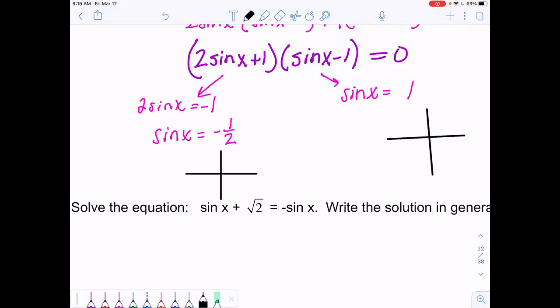And then on the other side, we want to find when the sine is equal to +1. Remember, you're finding angles, and if it helps to draw a little diagram, sine is y. Just remember that sine is y. The ordered pair would be 0, 1.